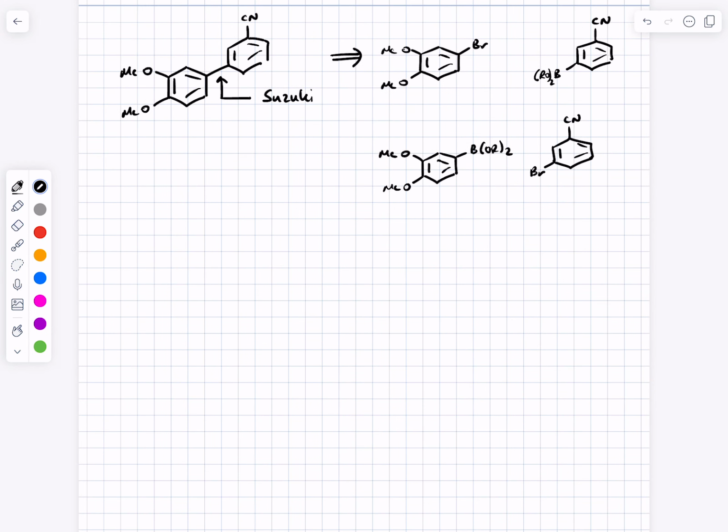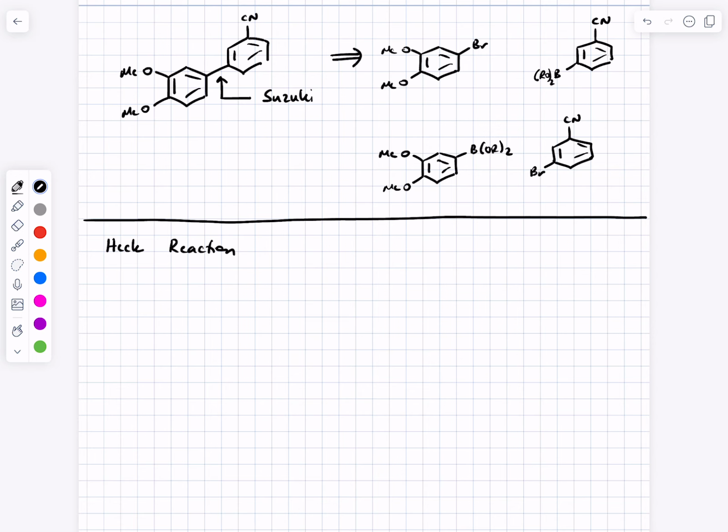Now let's talk about the Heck reaction. Again, we'll overview the Heck reaction in terms of what the starting materials are and what the substrate scope is. And we'll do some predict the products type questions. And then we'll talk about what the mechanism looks like.